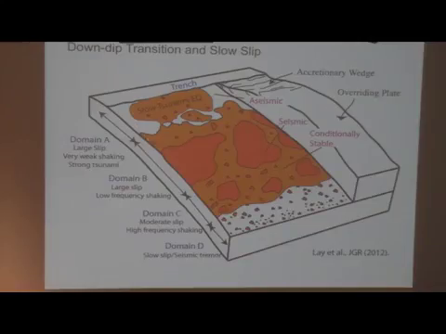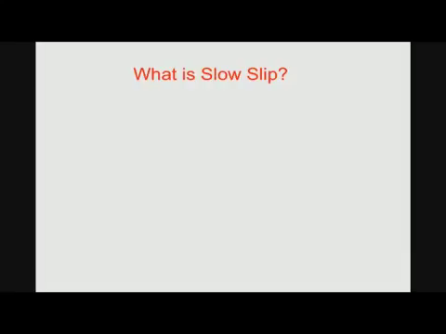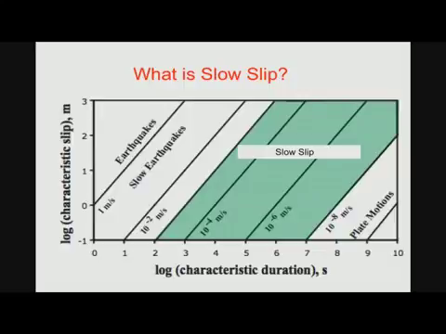I'm going to tell you about both of these transitions. The story is a lot about slow slip. So let's first look at what observations have been made at the down-dip edge. I think you all know what slow slip is. I just thought I'd show this one diagram. It's slip that occurs much slower than an earthquake. If we look at slip magnitude versus duration, these lines are of constant slope, or velocity.